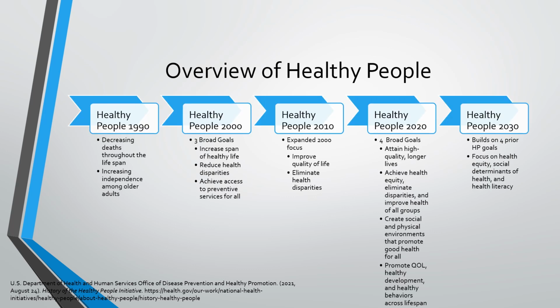So as we're looking at the overview of Healthy People, the first initial Healthy People report came out in 1980, and the Surgeon General at that time, General Julius Richmond was his name, really spearheaded this, and then it was taken over by the Office of Health Promotion and Disease Prevention.